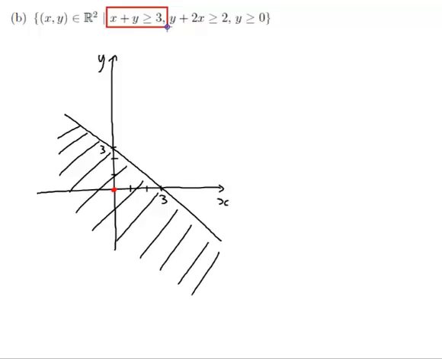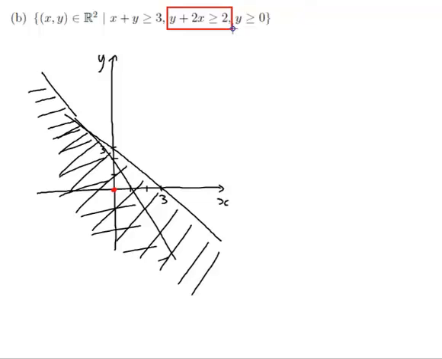Okay, now for the next bit. y plus 2x is greater than or equal to 2. So y plus 2x is equal to 2 was this line here. And greater than or equal to 2, as I recall, was the top half. We needed to cross out the bottom half of that line. But just let me check again. 0 plus 0 is greater than or equal to 2. That's wrong. So we need to cross out the bottom half of this line.